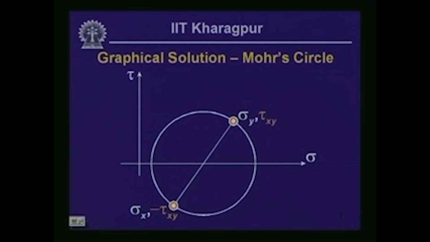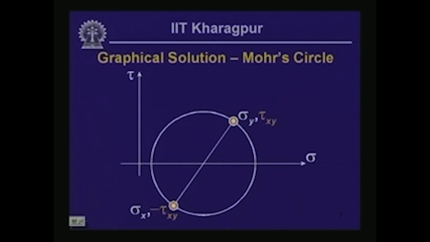So, what we had there, if you recall, the element is sigma x and tau x y, and sigma y and tau x y. Now, here you should notice that with sigma x we are plotting negative tau x y, whereas with sigma y we are plotting positive tau x y, and that is because here we have to use another sign convention.